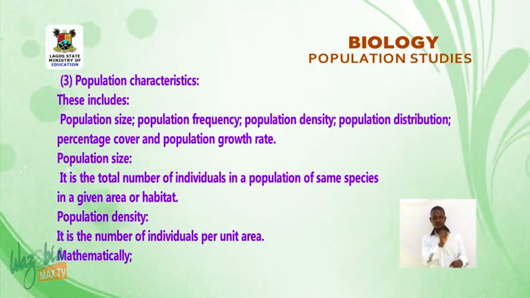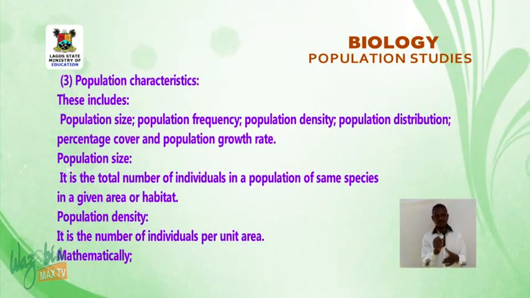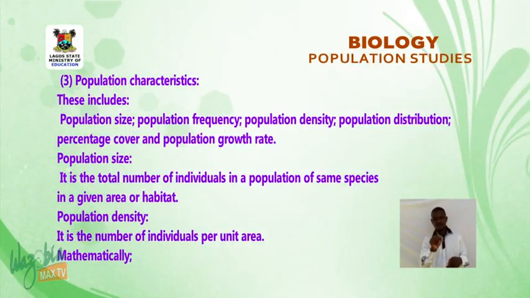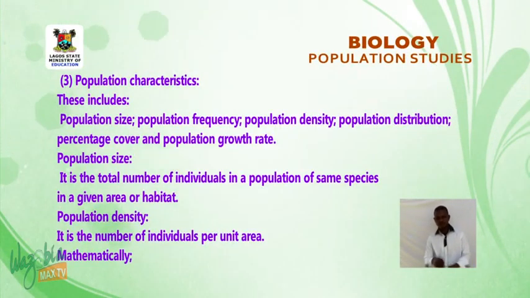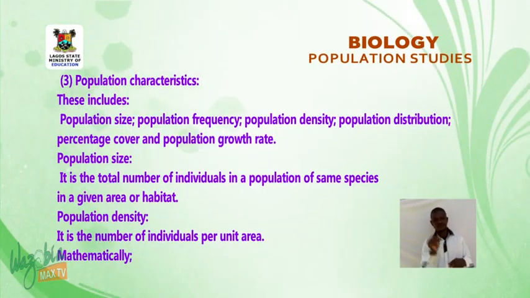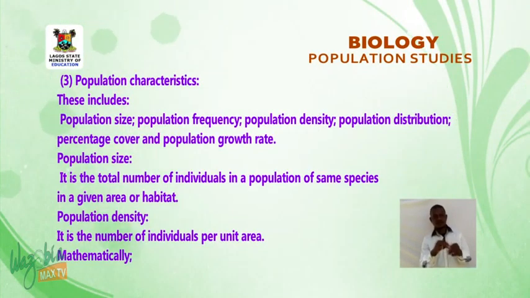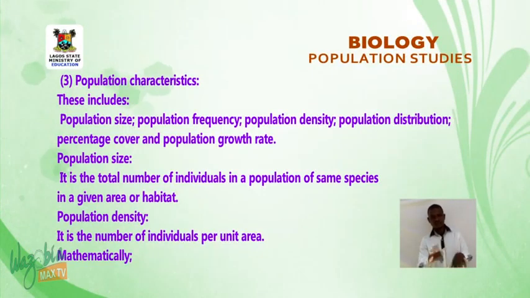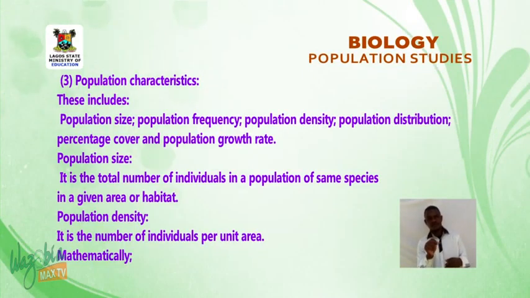Population characteristics. This includes population size, population frequency, population density, population distribution, percentage cover, and population growth rate. Population size. It is the total number of individuals in a population of same species in a given area or habitat. Population density.